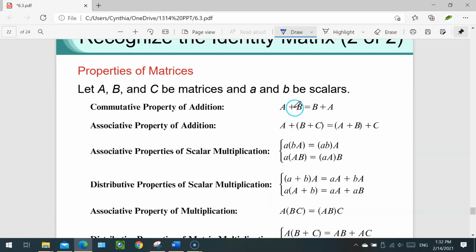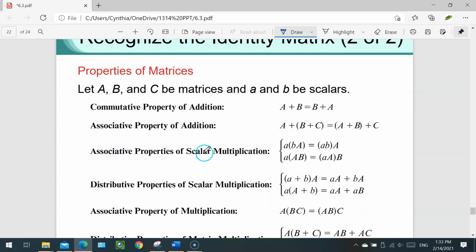When they subtract, no, you can't. Associative property: when you have three matrices combined, you can do the last two first, which is equal to processing the first two. But keep in mind, this only goes with addition, when you add multiple matrices together.